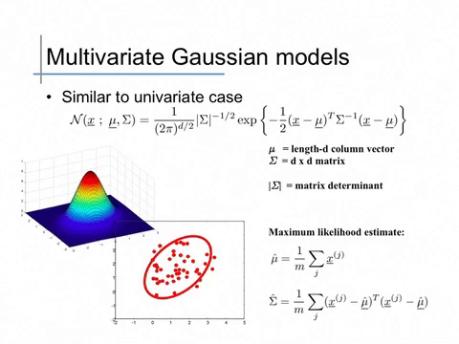Again, we'll tend to estimate these parameters just using a standard maximum likelihood estimate, which in this case is just the empirical estimate. So we can take all the data associated with that class and compute its empirical mean vector. That will be the center of our multivariate Gaussian. And we can compute its empirical covariance matrix, and that will tell us the spread and shape of the Gaussian in those dimensions.